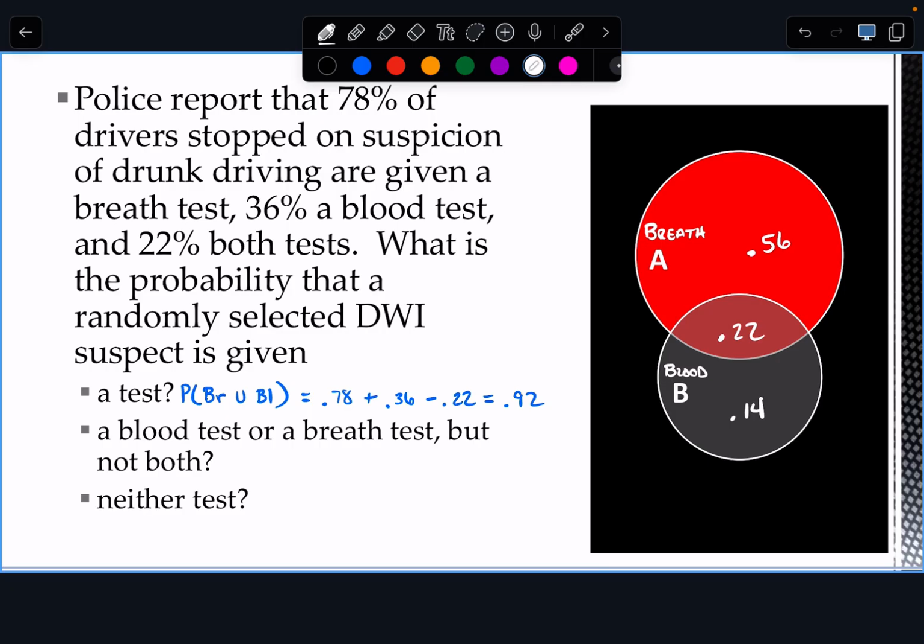Now the only region that I haven't accounted for is the percent of people that didn't get a test at all. So if I think about what we talked about yesterday, if I know all of these regions have these associated percentages, how would I take those and use them to figure out what percent of people didn't have anything?